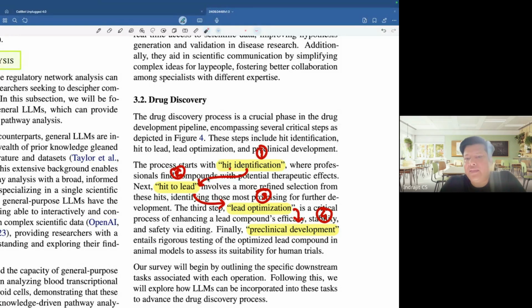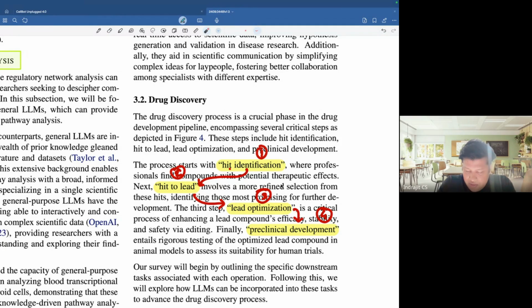In this process, when you identify a particular disease, you try to see what drugs are going to help in the curation process. So if you are able to find the compounds that are potentially going to help with therapeutic effects, that's where you find a hit. Now once you have the hit, that will lead to refined selection. So let's say if I have 5 or 10 or maybe more different hits, then you get a refined list of the hits from there.